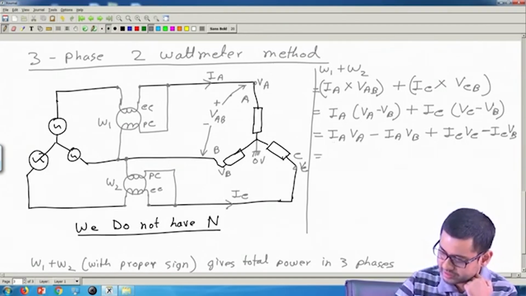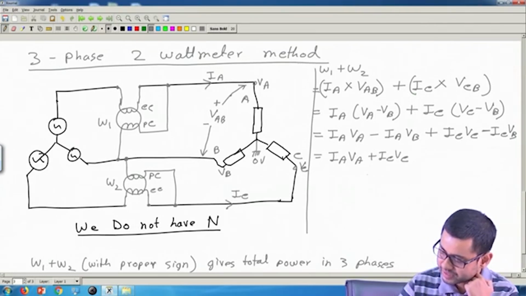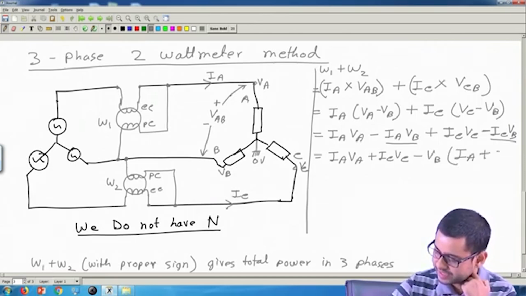So now let's rewrite this as IA VA, then plus IC VC, and then these two terms, this and this, I will write together. See, VB is common, so I can write minus VB common, then IA plus IC.